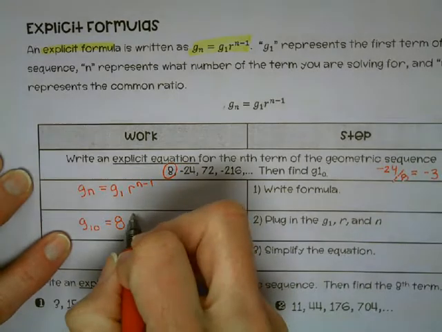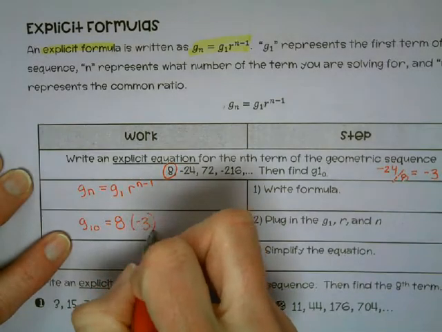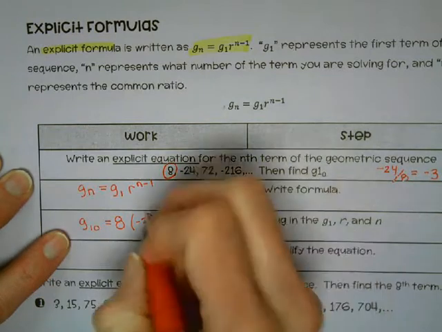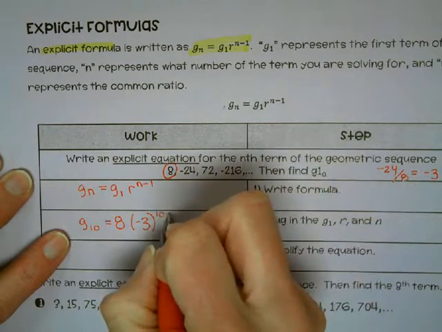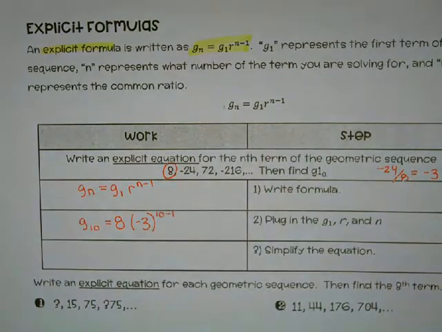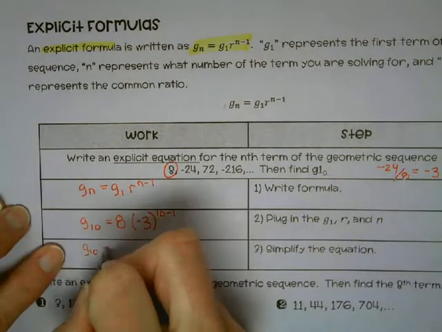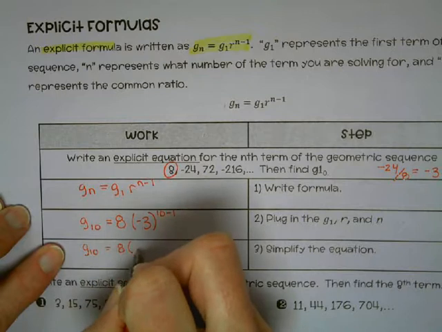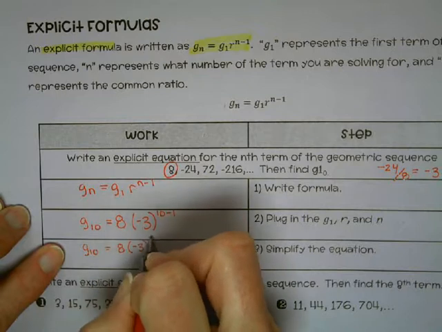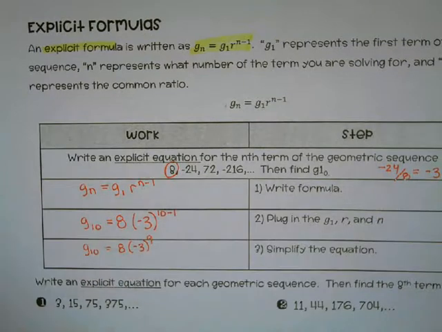So I'm going to do 8 times -3 to the n, where n is 10. The number we're looking for is 10. I want to simplify that. We'll be doing 8 times -3 to the, looks like 9th power. 10 minus 1 is 9.